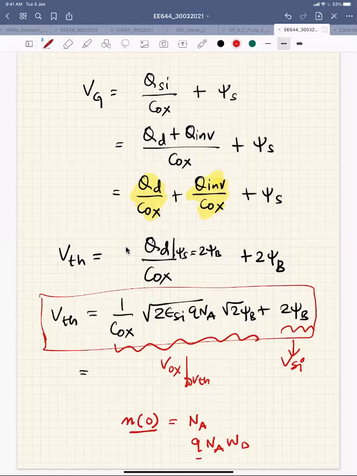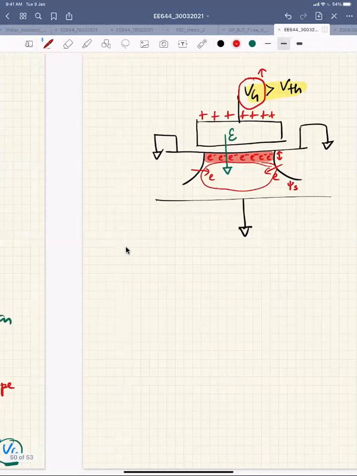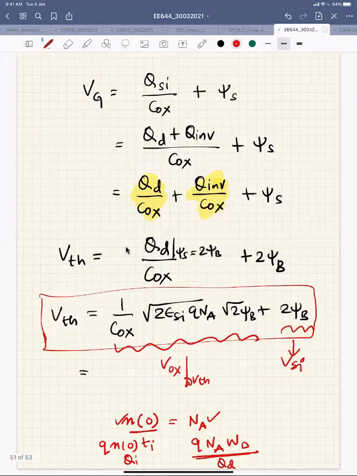Your inversion charge will be Q times N0 times the inversion charge thickness. So this is my Qi and this is the Qd. Na equals N0, so the number of electrons at the surface will be equal to Na, but if you calculate the inversion charge, it will be smaller than Qd. That's the reason.